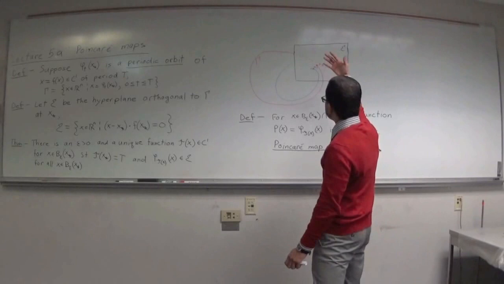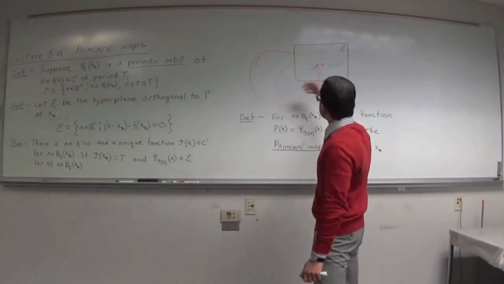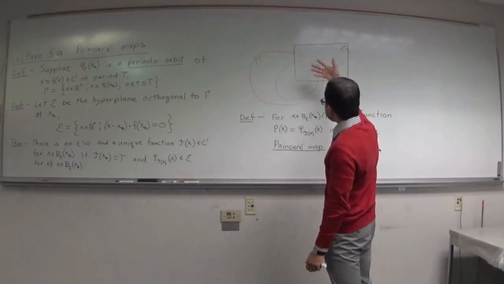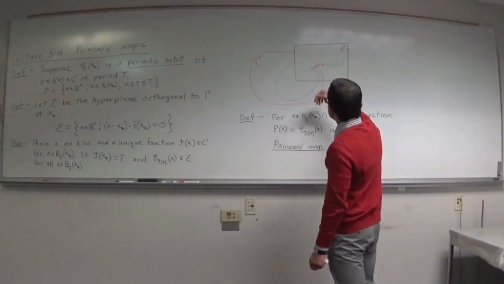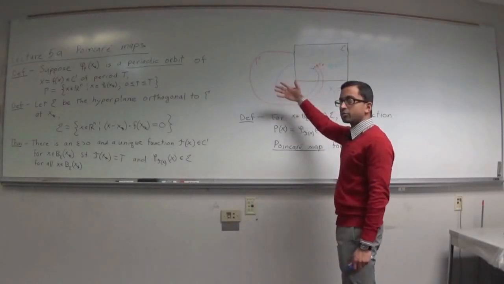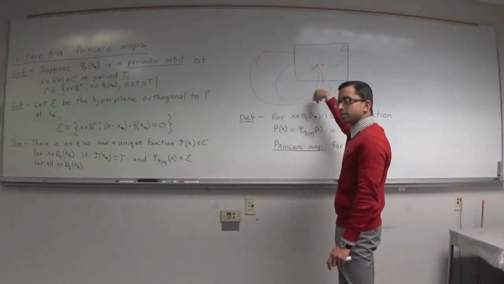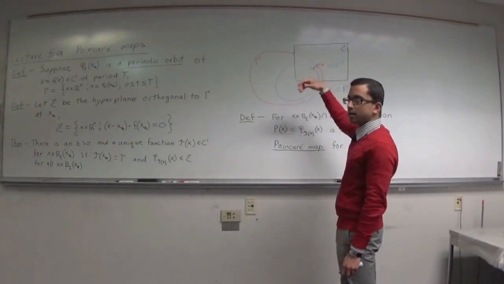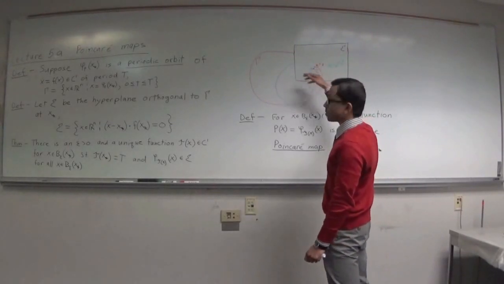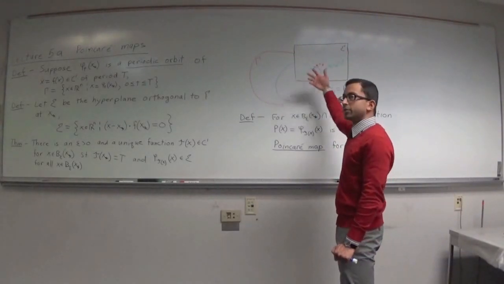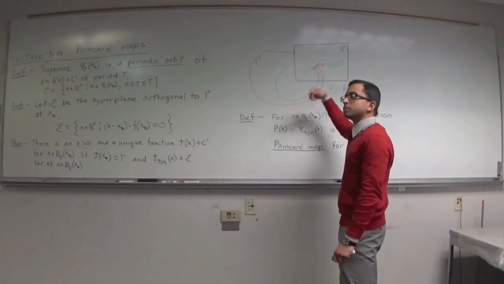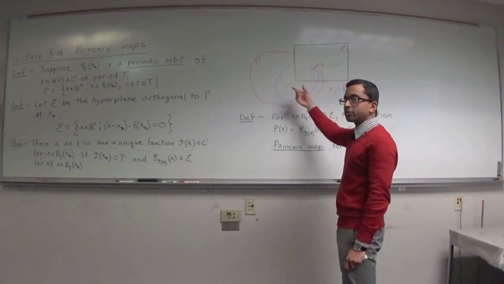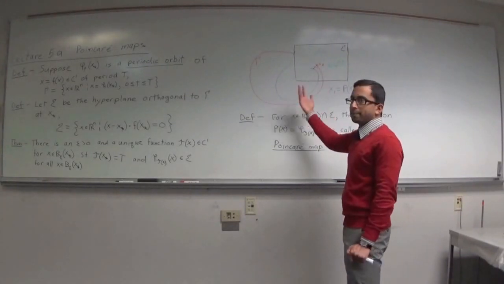But if we use a Poincaré map, so let's say here we're just taking this hyperplane, and we're going to intersect this periodic orbit. Now we can very easily figure out what the stability is, so we can do some analysis for the periodic orbit using this map. So we're doing the analysis on the map, but it's for the periodic orbit. So we can learn some things about the periodic orbit just by looking at this map.